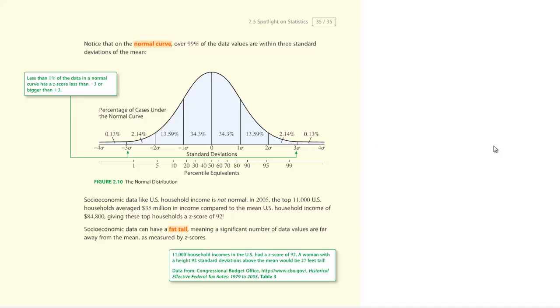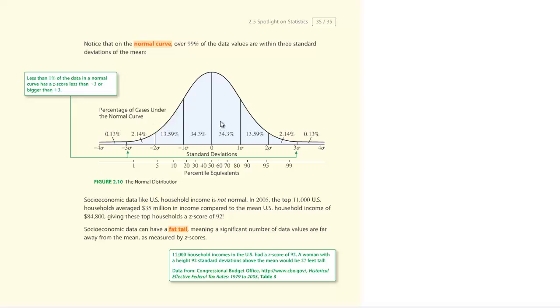So a z-score of 9.2 puts you way up in the 1%. Those are people that are making billions. By comparison, if a woman had a height that was 9.2 standard deviations above the mean, i.e. she also had a z-score of 9.2, that would make her 27 feet tall. So that tells you how far out from normal it is to be 9.2 standard deviations above.